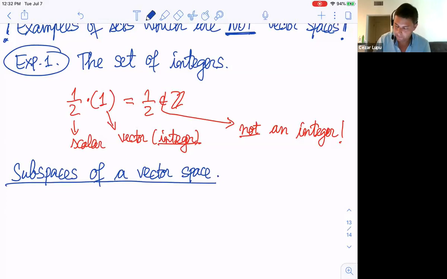And here we would like to address the following issues. We would like to determine whether a subset of a vector space is indeed a vector space. And also we'd like to determine the subspaces of Rn. So these are our two goals. And let's look at subspaces first.